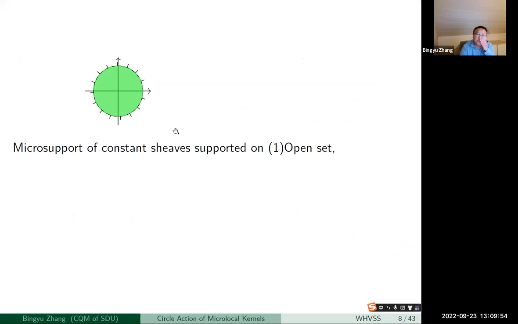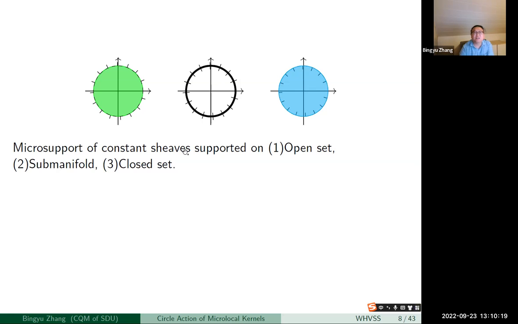For example, if we consider the constant sheaf supported on an open set, the microsupport is given by the zero section inside the set, and at the boundary of the set, the microsupport is given by the exterior conormal. For a closed set, it's given by the interior conormal.